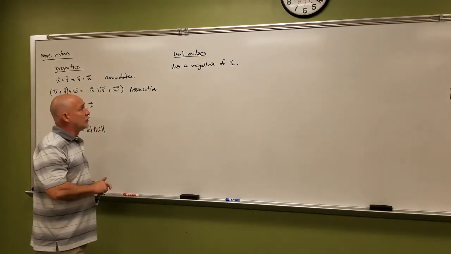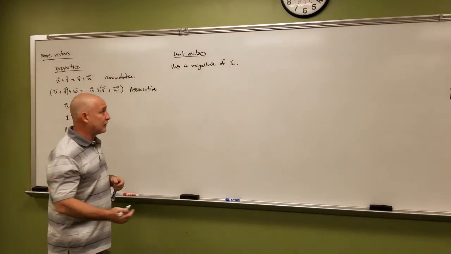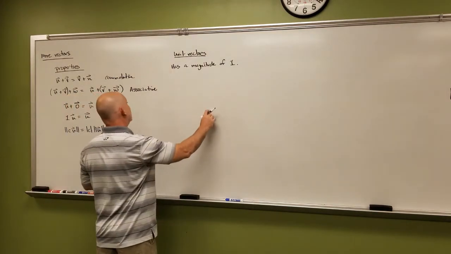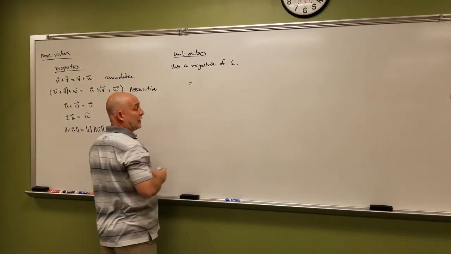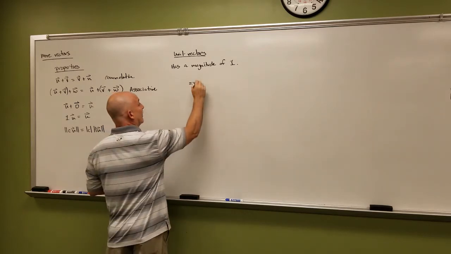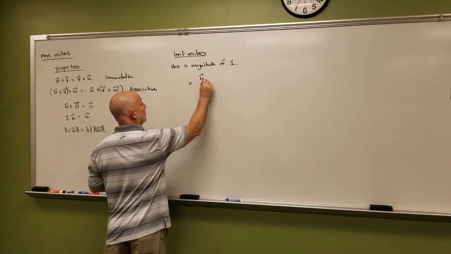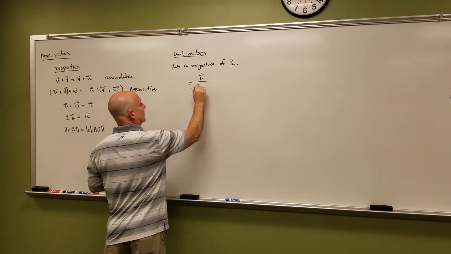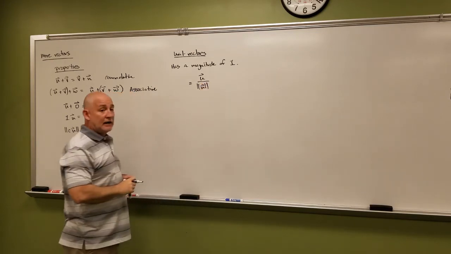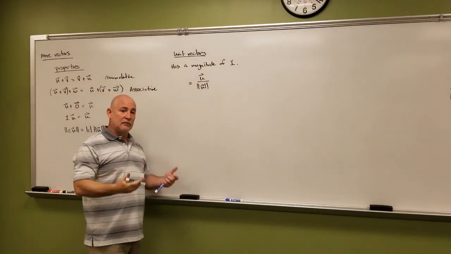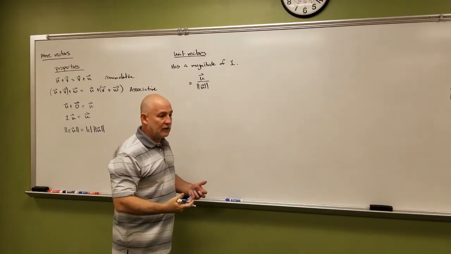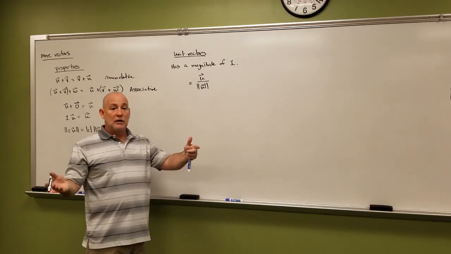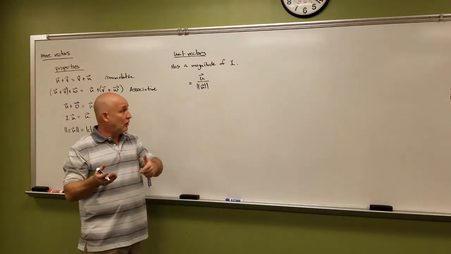So how in the world could we make a vector a unit vector? Well, we said if we take a vector and we multiply it by a number, we change its length. So imagine this, if I took some vector u and I divided it by its magnitude, that would make it have a length of 1, right? I mean, if you take a vector that has a length of 7 and you divide it by 7, it has a length of 1, scales it down.